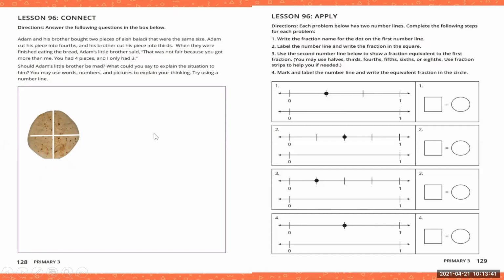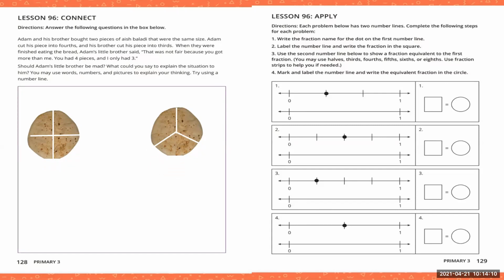But one of them divided his bread into fourths, and one of them divided it into thirds. Now, can you tell me if they have the same amount? Do they have the same amount?